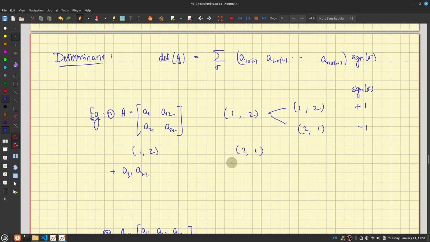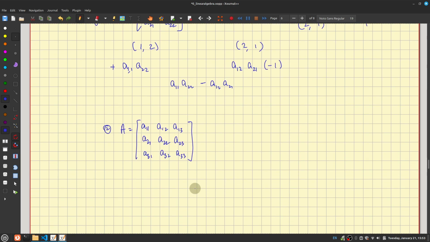And let's look at this permutation: A1 comma sigma of 1, which is 2, times A2 comma sigma of 2, which is 1, times the sign of this permutation, which is minus 1. What happens when you add the two? You get A11 A22 minus A12 A21, which is the formula for the determinant that you've seen in high school.